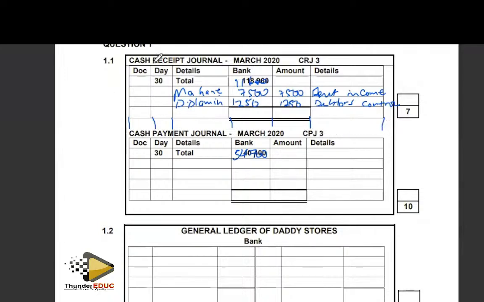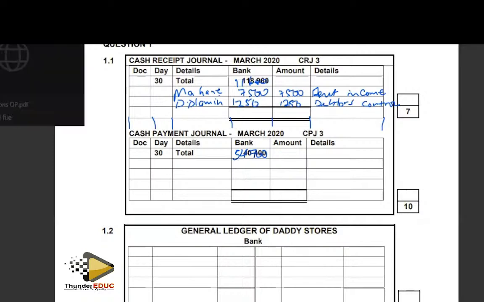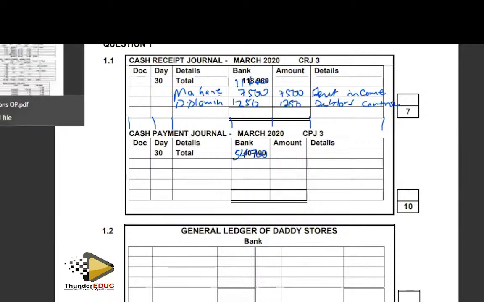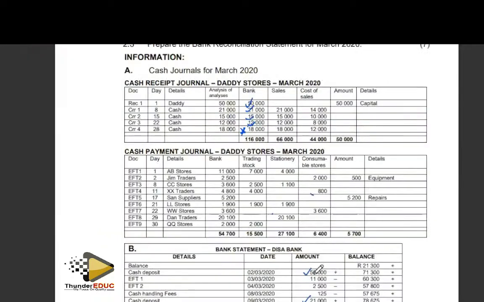Now, let me record the interest. Remember who gave us the interest? We need to know which banker it is. Which bank are we banking in? Our banker is called DISA Bank. So we got the interest from DISA Bank.